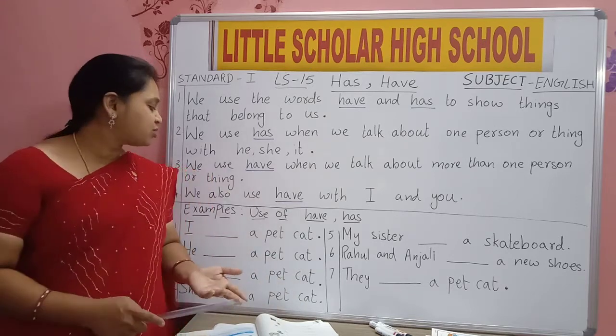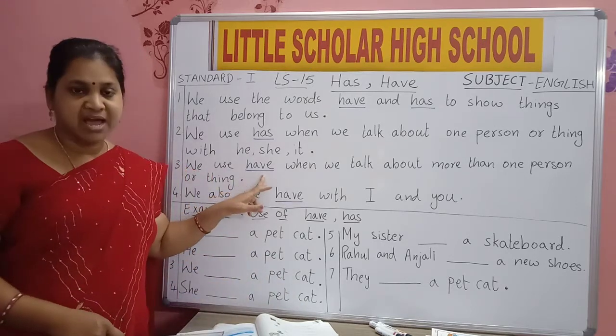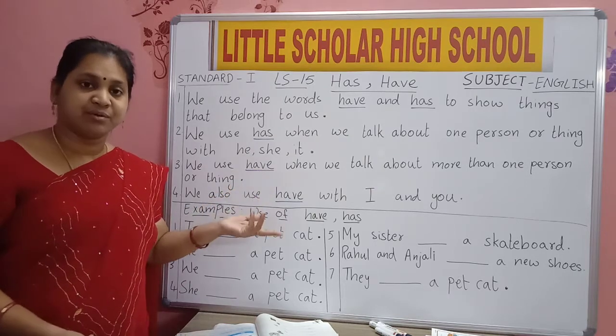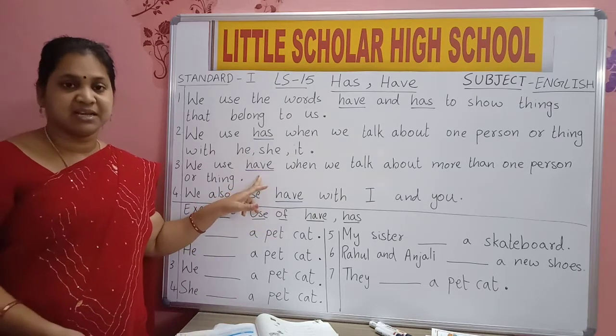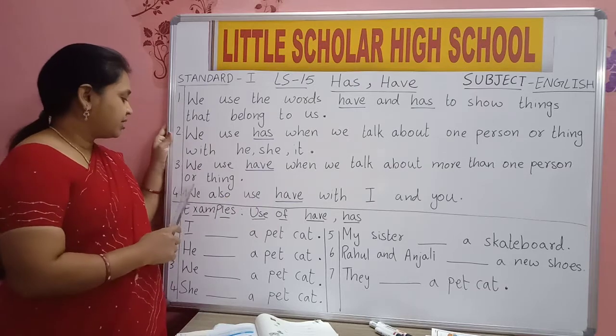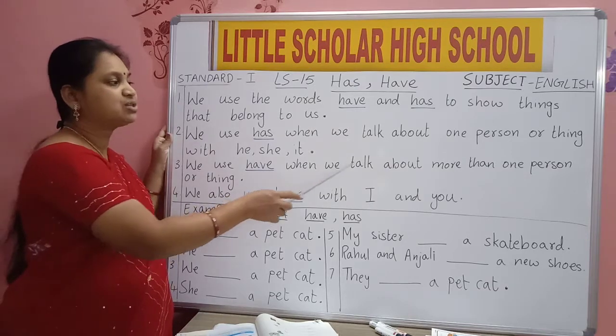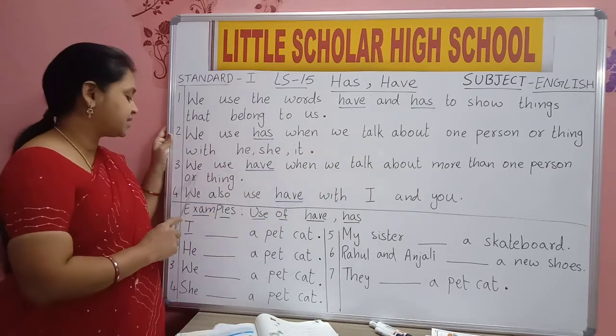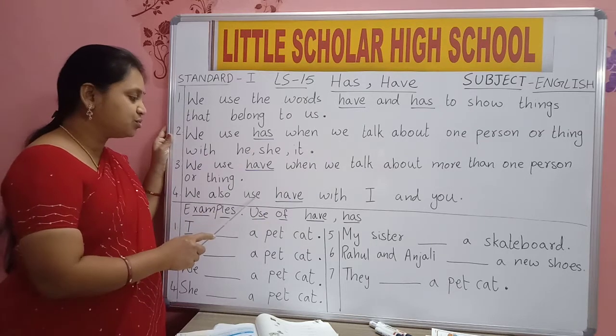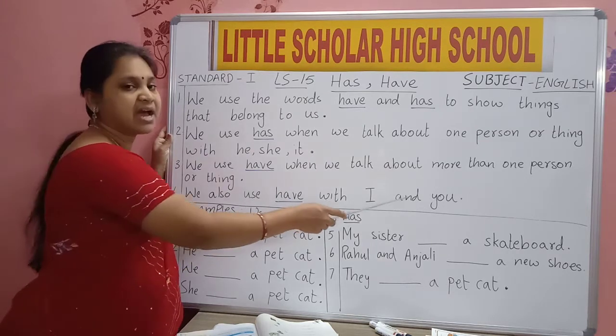When we are talking about we, we have. Yes, we have a pencil. Now, we use have when we talk about more than one person or thing. We also use have with I and you.